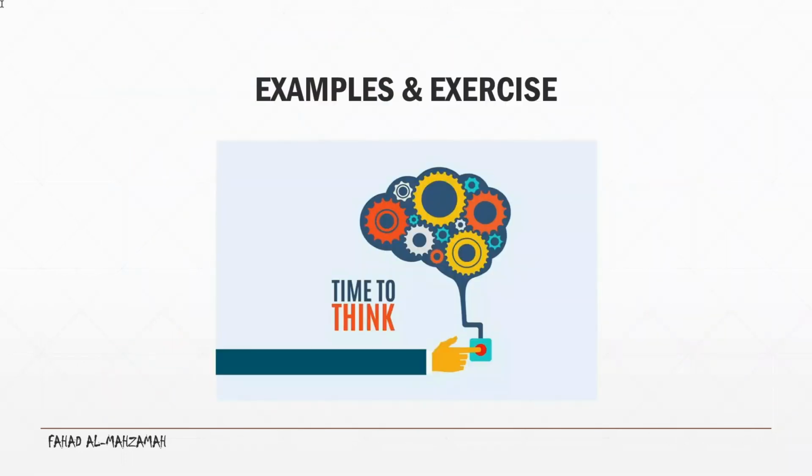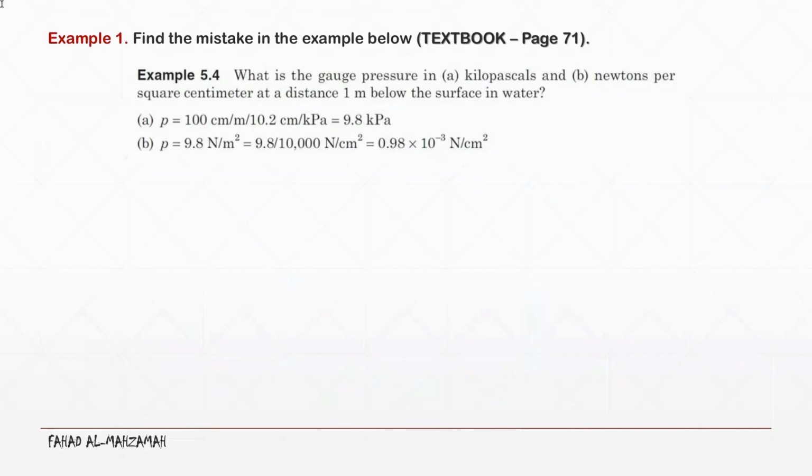Now, example and exercise. In the textbook at page 71, there is a mistake in solving the example. The example asks, what is the gauge pressure, which is one type of pressure measurement, in kilopascal and also in Newton per square centimeter, at a distance of 1 meter below the surface in water?